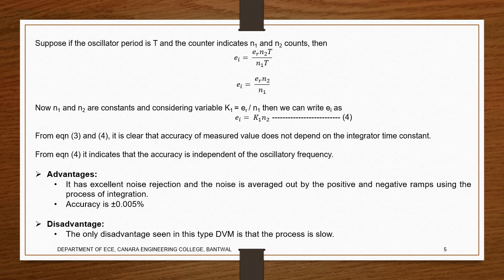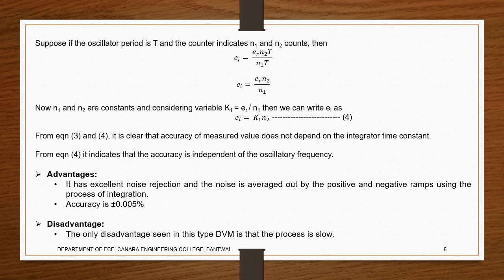What is equation 3 in the previous slide? Ei equals ER into T2 divided by T1. What it is saying is that the accuracy of the measurement does not depend on the integrator time constant, that is, we don't have any time constant value here.